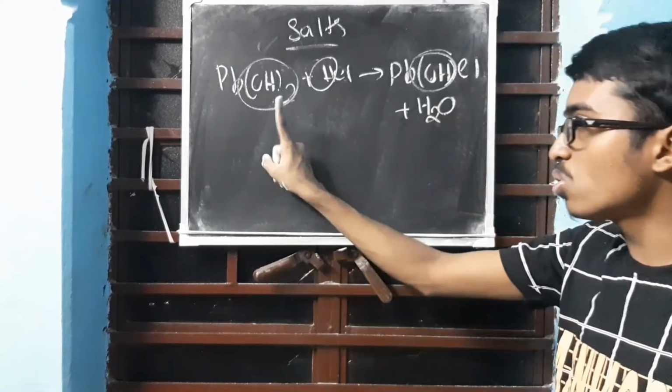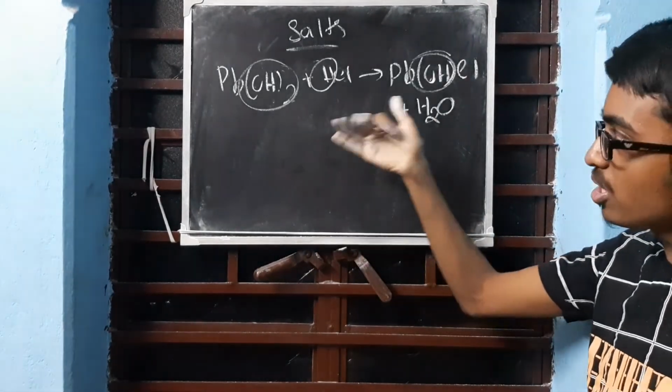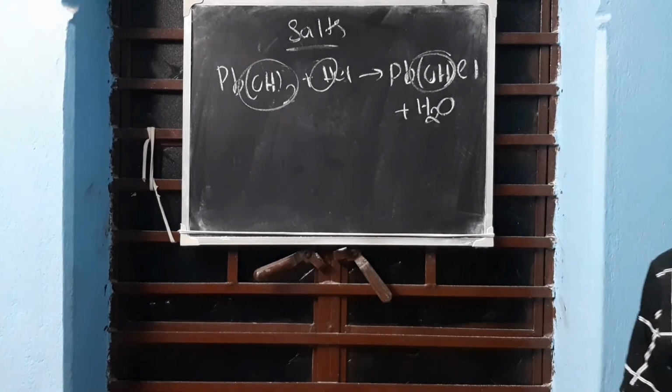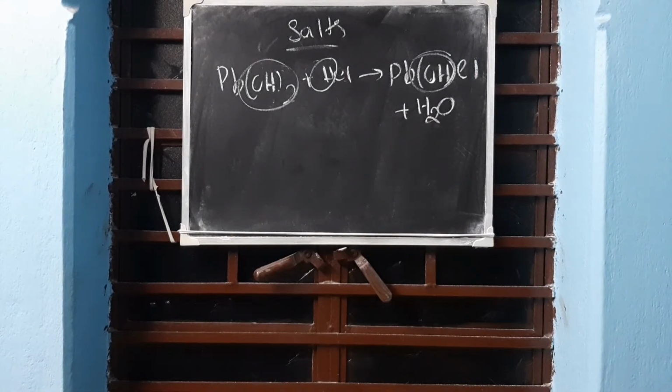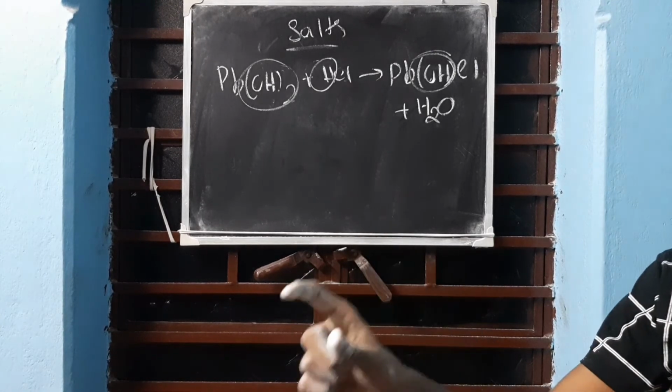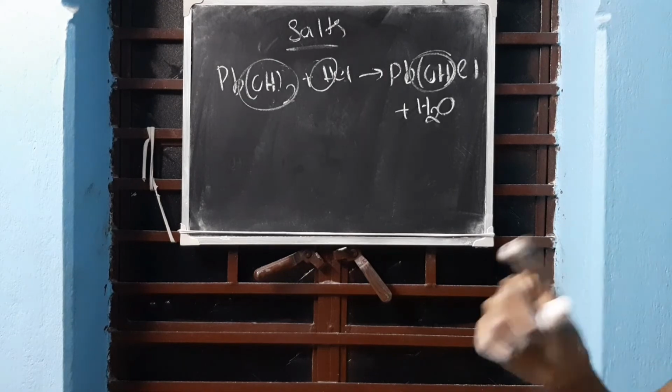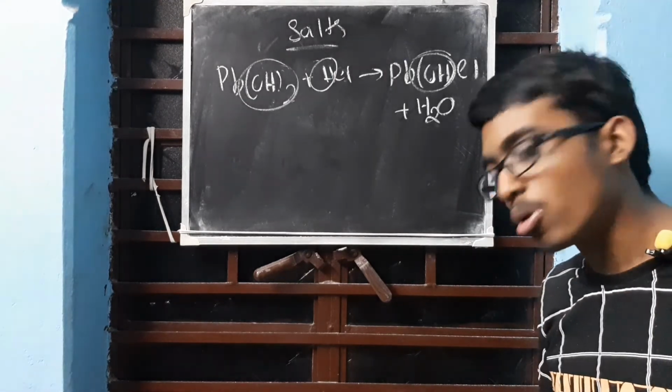Here 2 were there, 1 is here. It could not be replaced, 1 is remaining. That is basic. In your book it is written as: basic salts are formed by the partial replacement of the hydroxyl group of a di or triacidic base, that means a polyacidic base, by an acid radical. This is more or less the same thing.